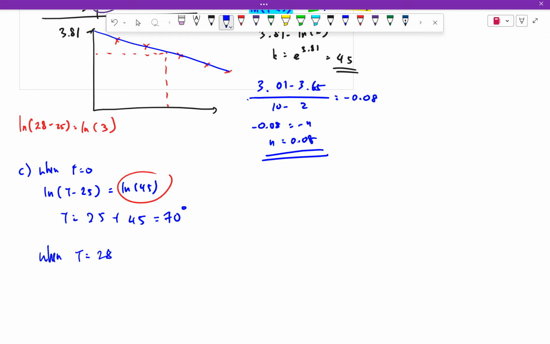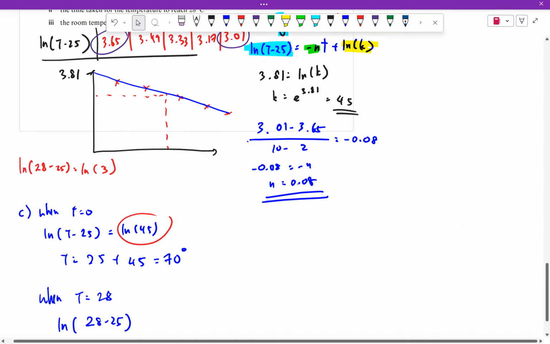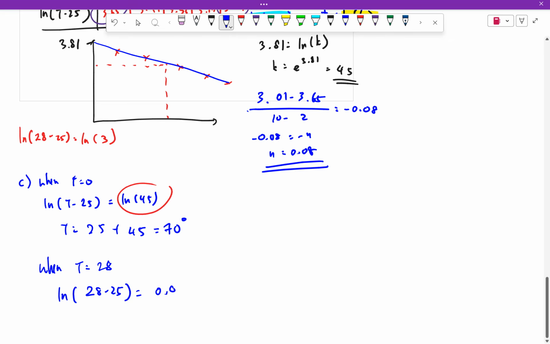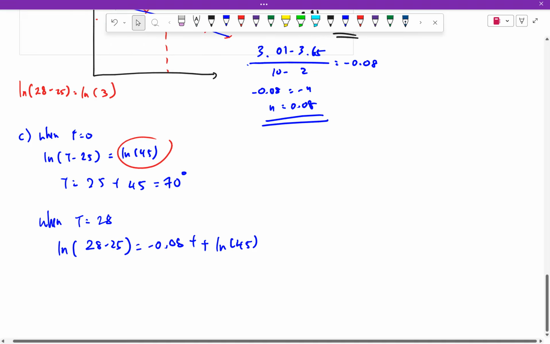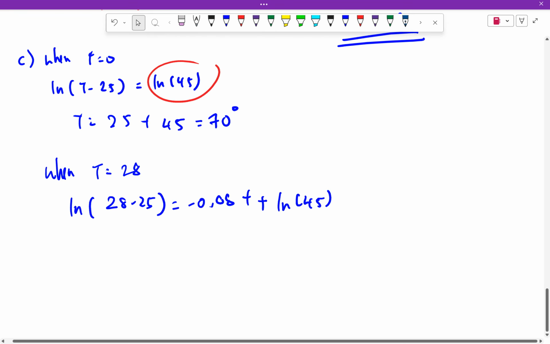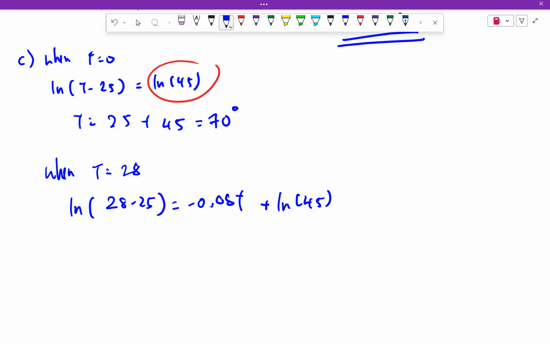So we have ln of 28 minus 25 equals negative 0.08 t plus ln of 45. Like that, that's the plus, that's the t. Let me use a different color for the plus.